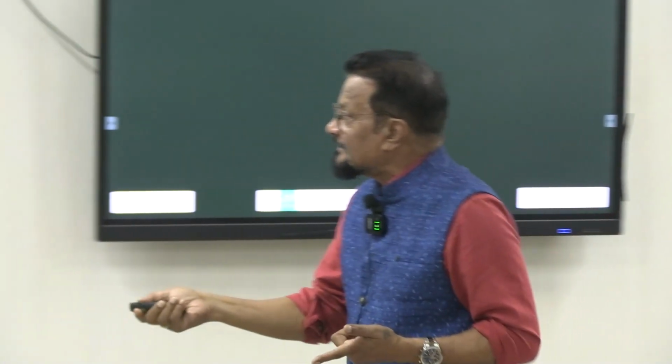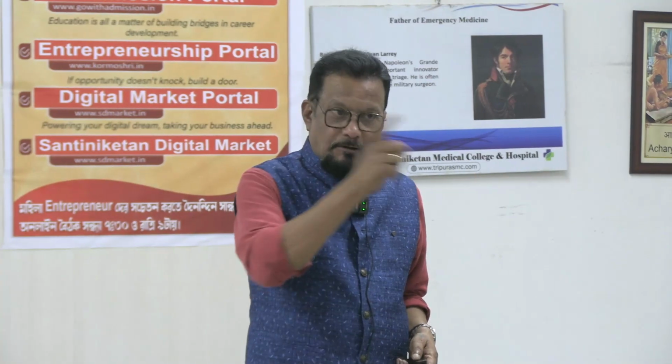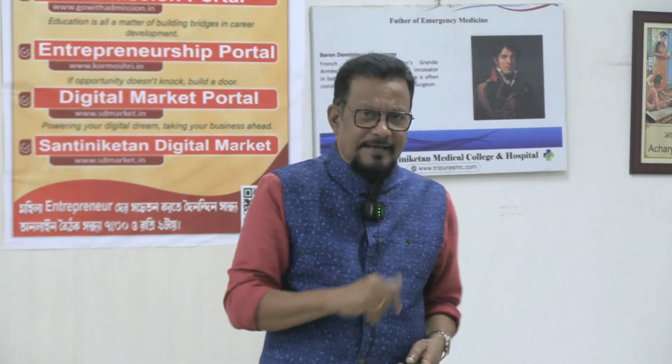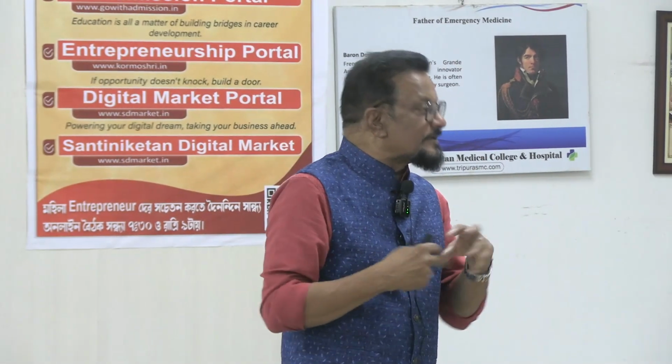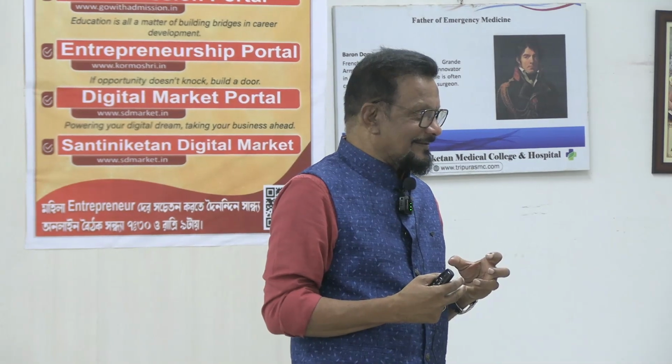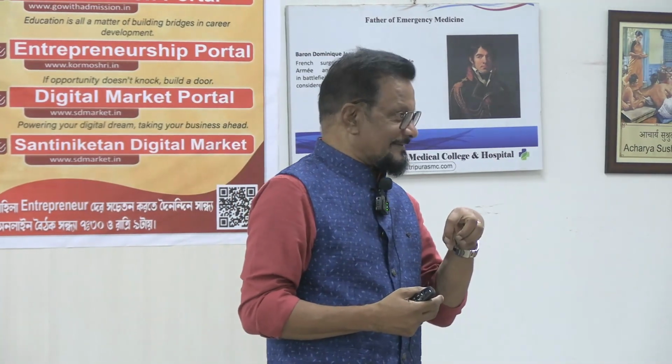What are these signals? I already mentioned them several times in our previous classes. We are producing a number of oxidants which are destroying our cells. That's why we take antioxidants.